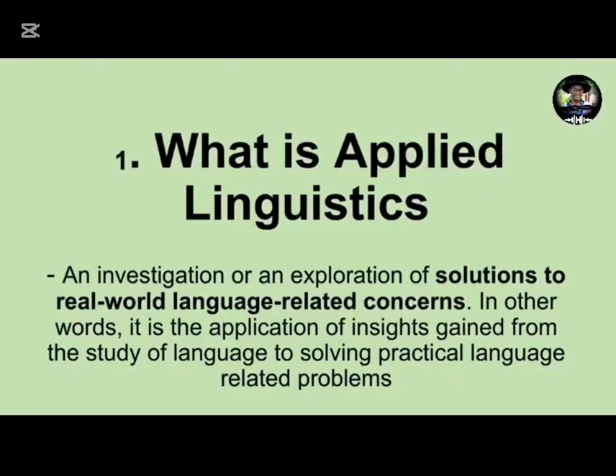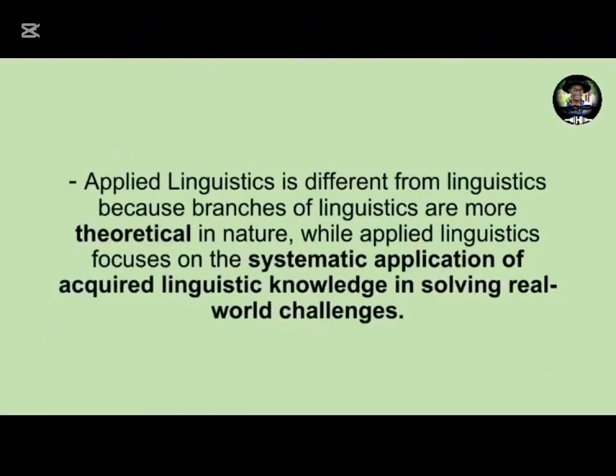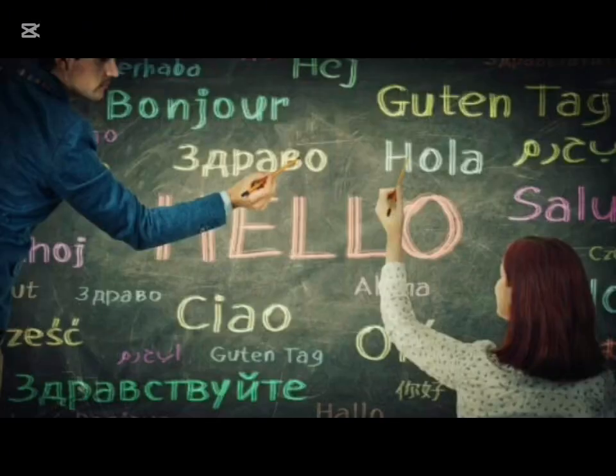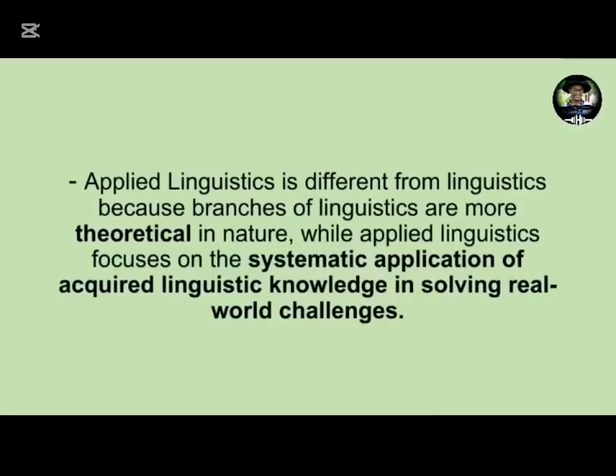In other words, it is the application of insights gained from the study of language to solving practical language-related problems. Applied linguistics is different from linguistics because branches of linguistics are more theoretical in nature, but applied linguistics focuses on the systematic application of acquired linguistics knowledge in solving real-world challenges.